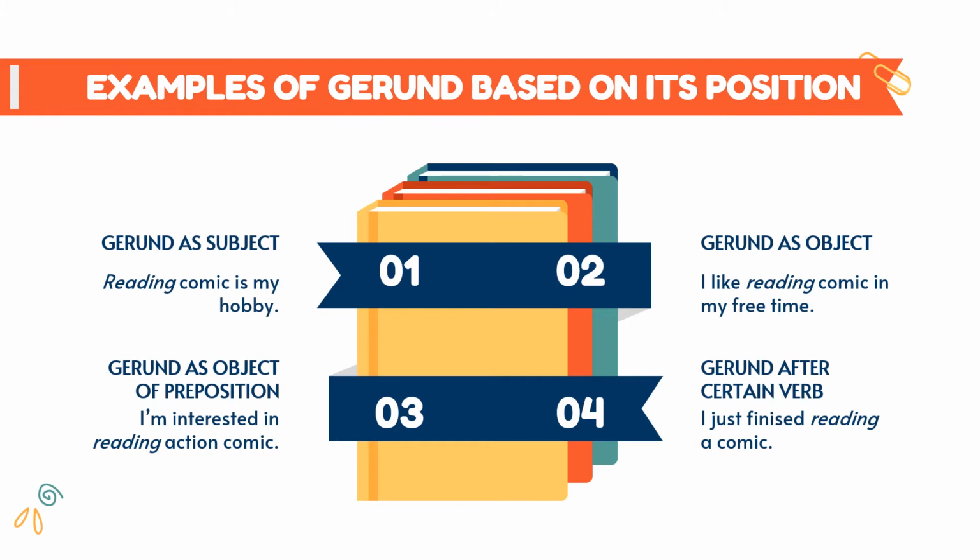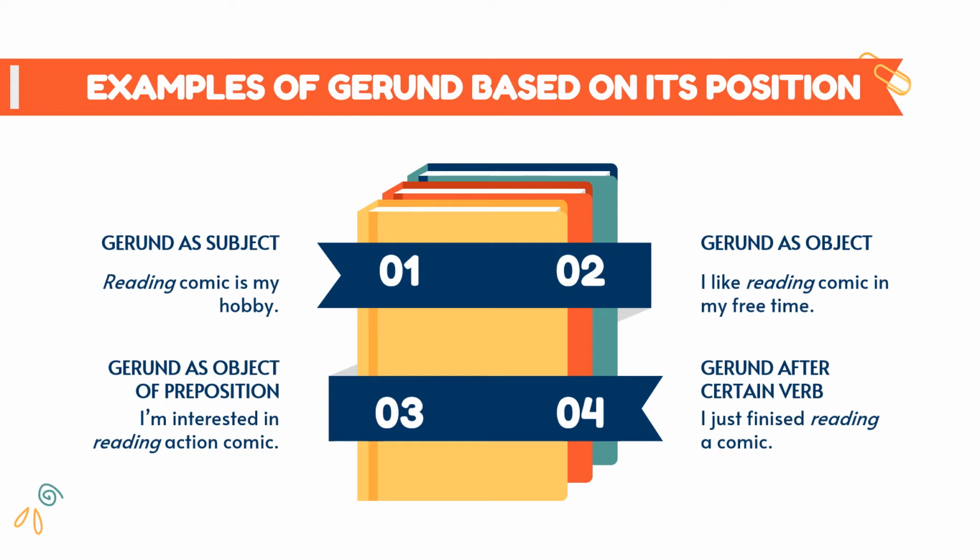As we know, read is a verb, but because we add ing at the end of the verb, it becomes a gerund. Gerund means a noun, and in this case, this reading is a noun as a subject.